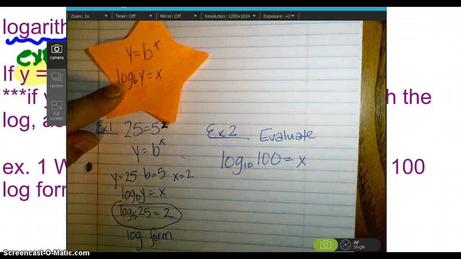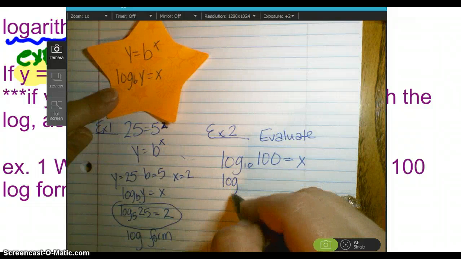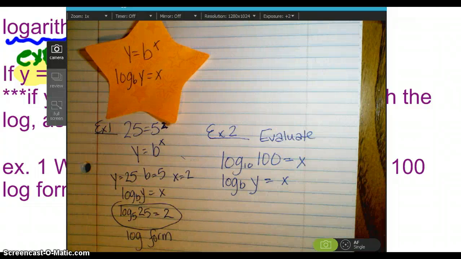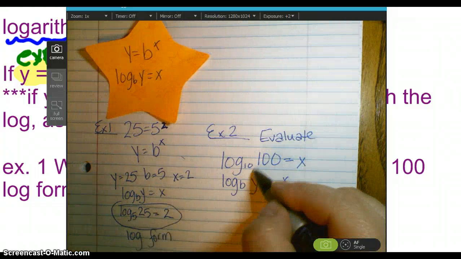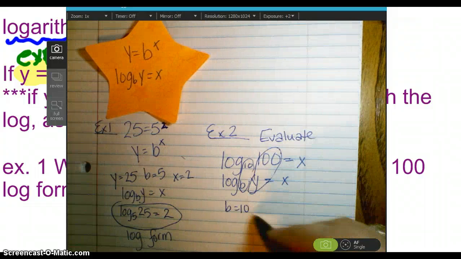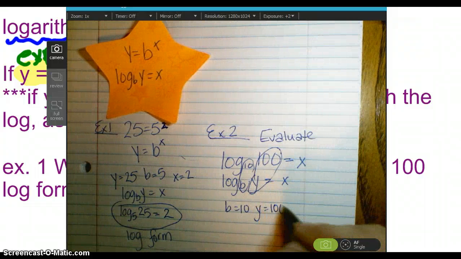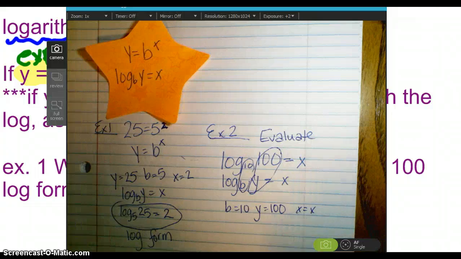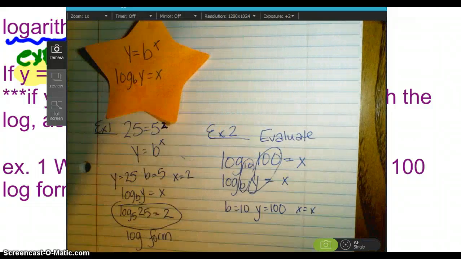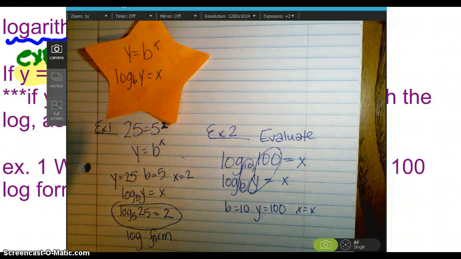So if I was to compare it to this, log base b of y equals x, you'll notice that there's some pairing that kind of happens. I know that b is 10, y is 100, and x equals x.